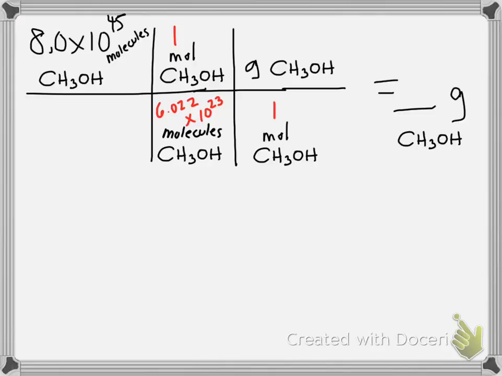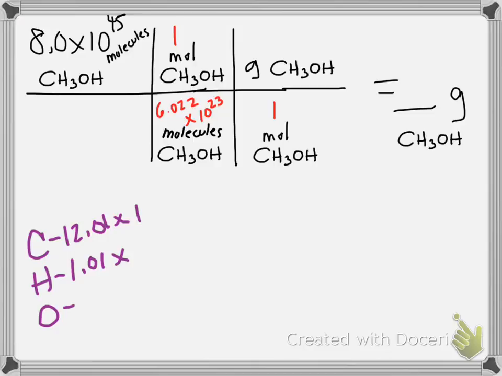Where do we get the number that goes in front of grams? Aha, the periodic table. So we have carbon, hydrogen, and oxygen. 12.01 times 1. Hydrogen, 1.01 times how many? Be careful. You want to say 3 because you see that subscript.